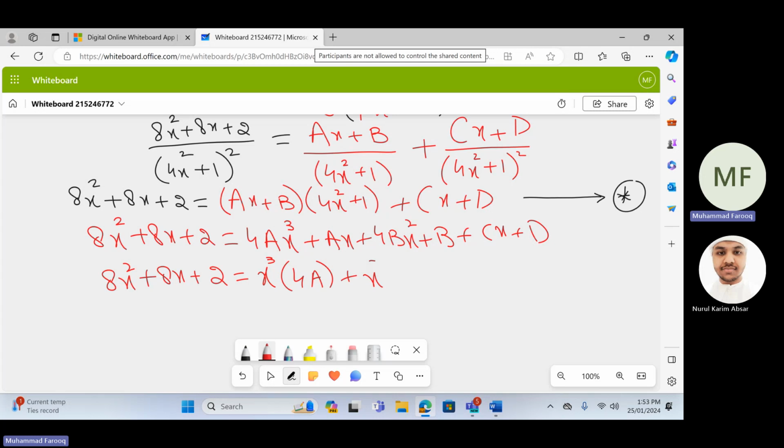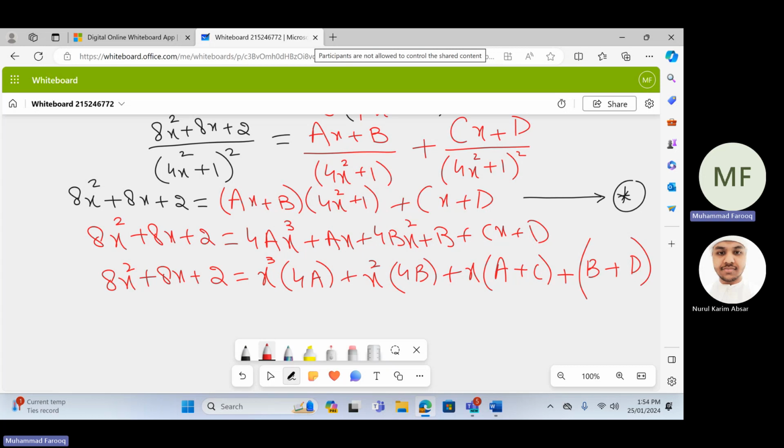Plus, second is x squared: only 4b. Then x power 1: a and c, so a plus c. Then without any x: b plus d. I arrange my equation from highest degree to smaller degrees.